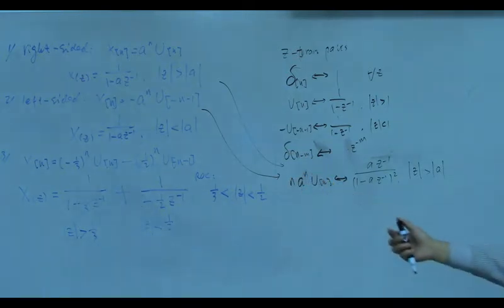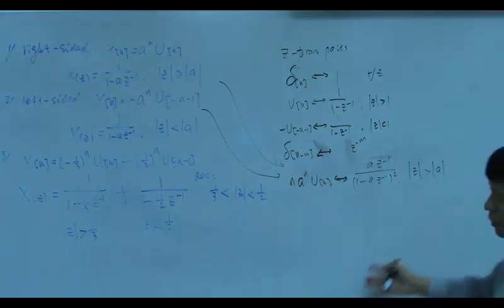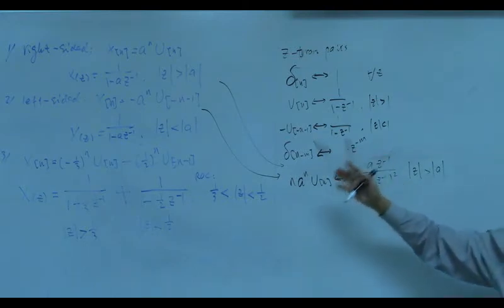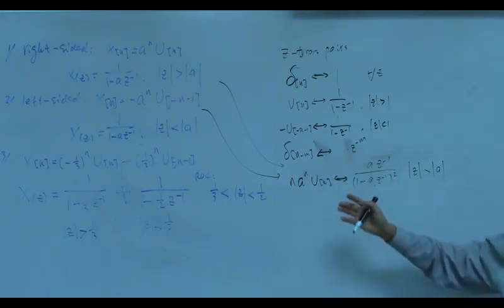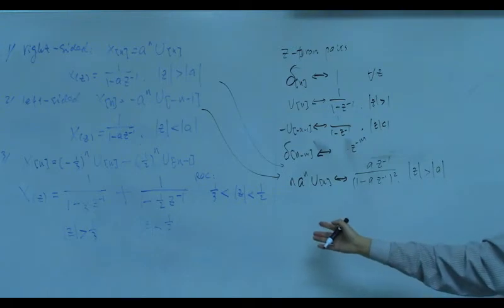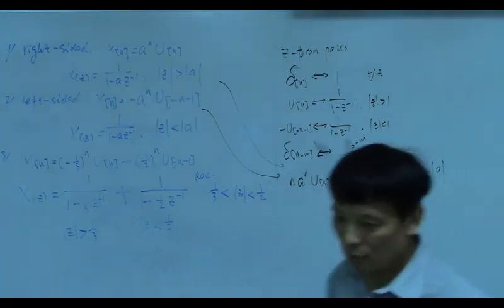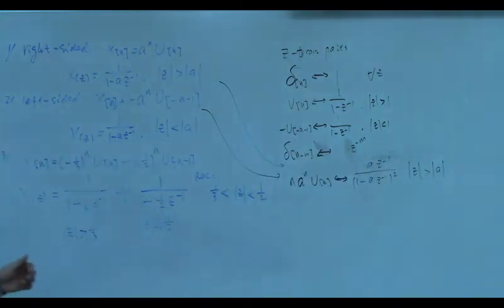We can start from the definition, but an easier way is to just be familiar with this. Better is just to memorize this, and then we can use all this to solve other problems. Any questions on this?